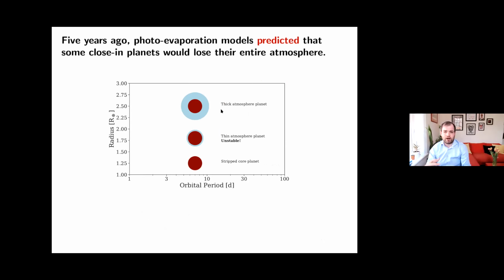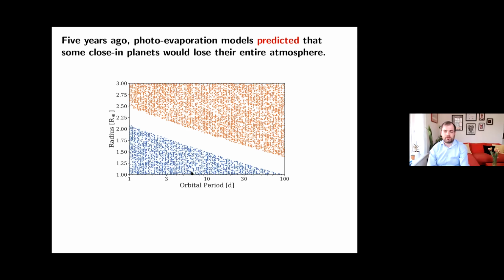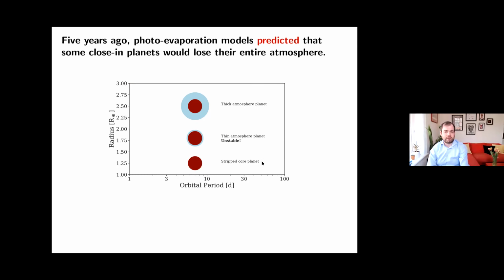And so not unlike Jupiter, but in a smaller version. You would also have some that have lost their entire atmosphere. So they would be the stripped cores, where they'll be only half as big because they've lost their entire atmosphere. And then in between, you have this category of sort of the thin atmosphere, maybe a bit like Earth.